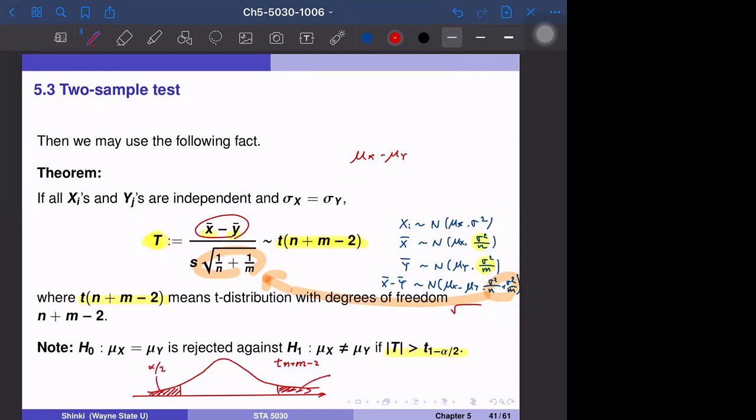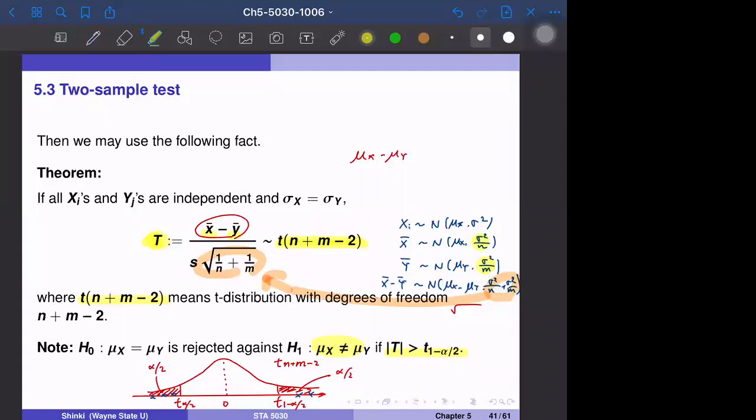So this is alpha over 2, and the threshold is here: t sub 1 minus alpha over 2 and t sub alpha over 2. It is symmetric around 0. So as long as the test statistic falls in this range, we reject the null hypothesis to support the alternative that mu x is not equal to mu y.